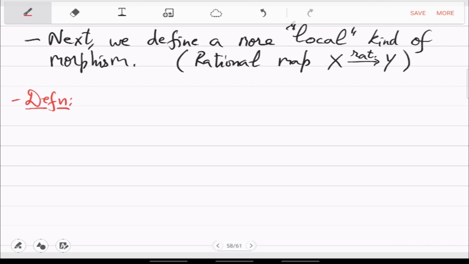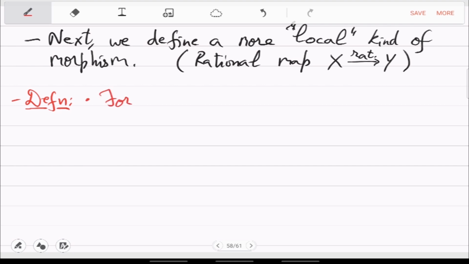So we said that a morphism is a map which for any open set V of Y gives in the pre-image an open set and so on, right? Instead now what we will do is we will take an open set U of X and start the definition from that.